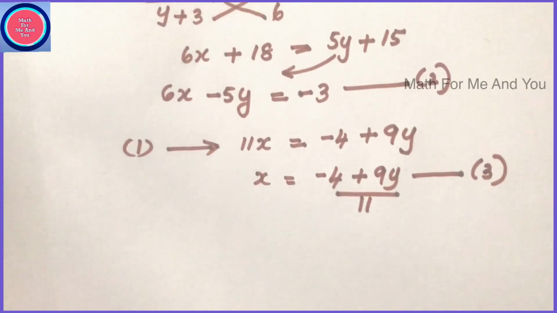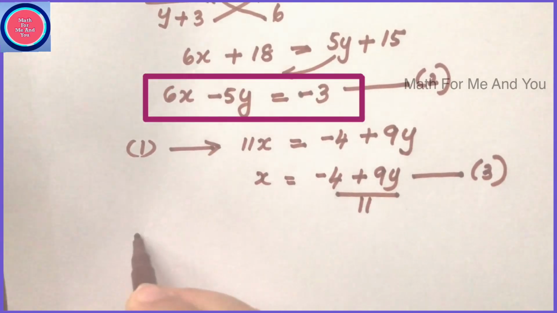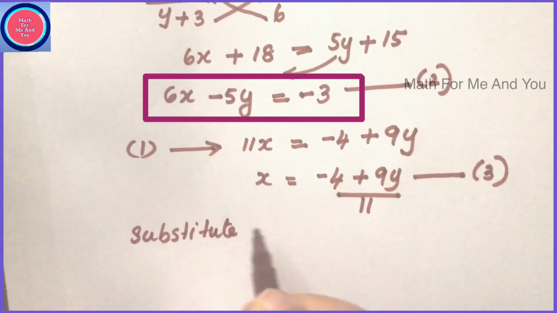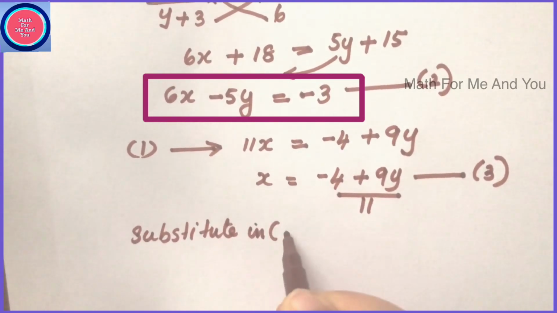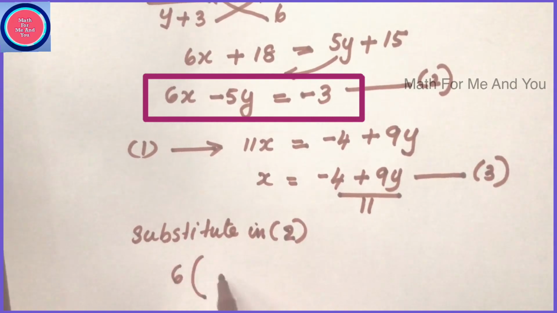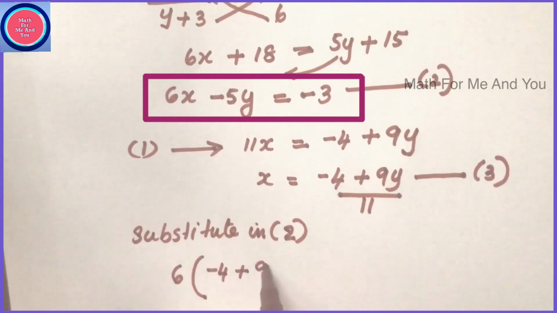Then substitute this value of x in the other equation. Since we have taken equation number 1, we have to substitute in equation number 2. You can see equation number 2 here. It is 6x minus 5y equals minus 3. In place of x, we put minus 4 plus 9y over 11.